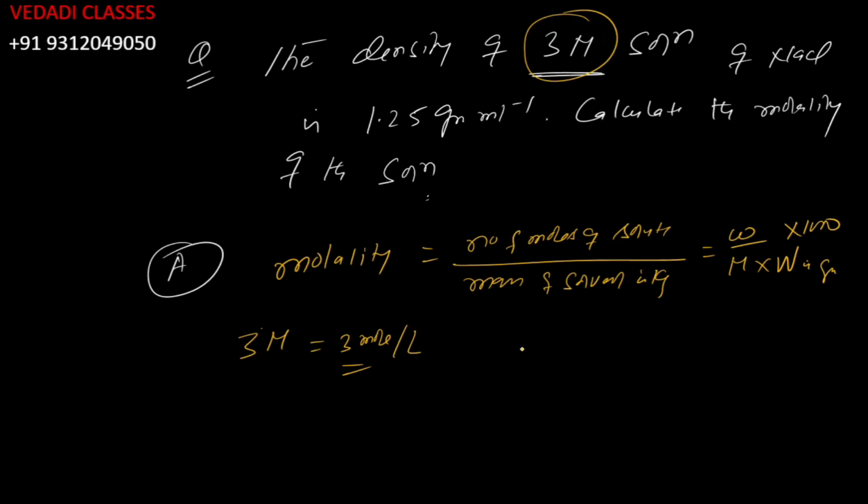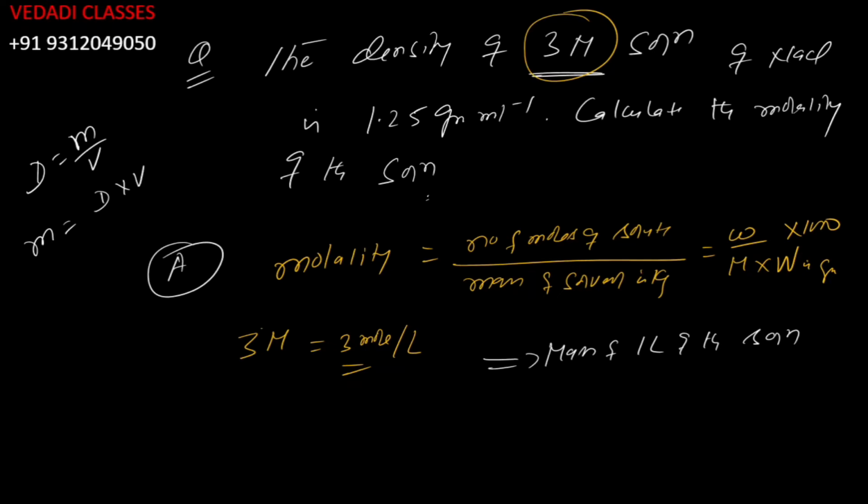But what about the mass of the solvent? The mass of the solvent you don't know. So how will you get the idea? Now here one thing you can do: find out the mass of 1 liter of the solution. We have the relationship density is equal to mass upon volume, so mass is equal to density into volume.